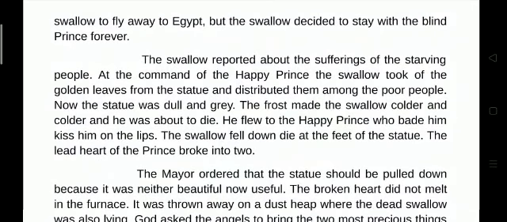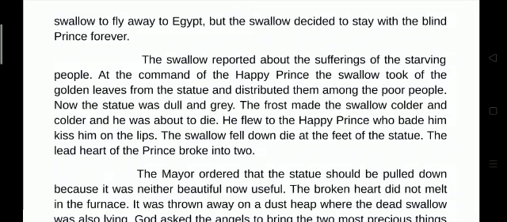But the swallow decided to stay with the blind prince forever. Now the swallow has become very upset when he is talking with the happy prince, and he decided to stay with the blind prince, because now the prince cannot see anything.